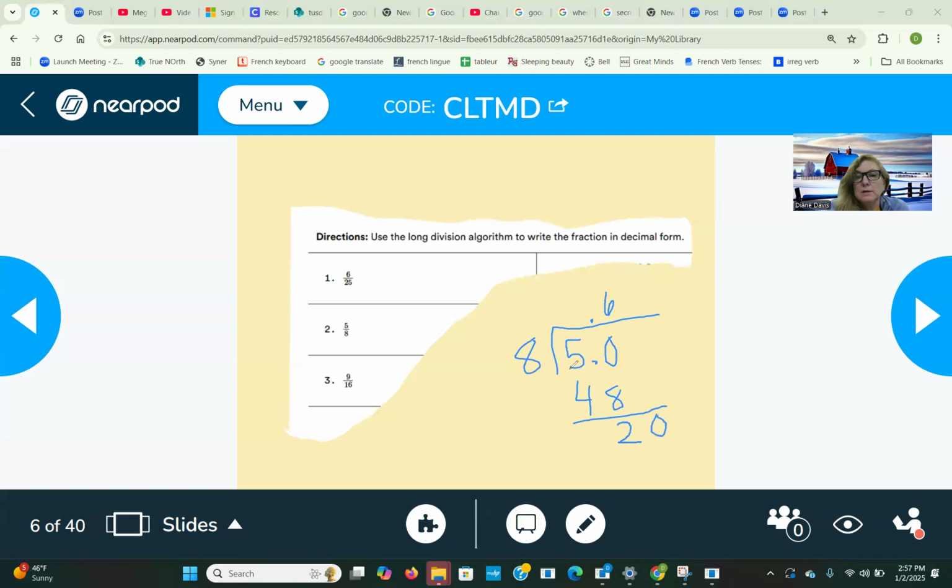Bring down the 0. 8 goes into 20. 2 times 8 is 16. Bring down the 4. 8 goes into 40 5 times. And that's your answer here. And you should be working these out by the way, now that I've already been working out.